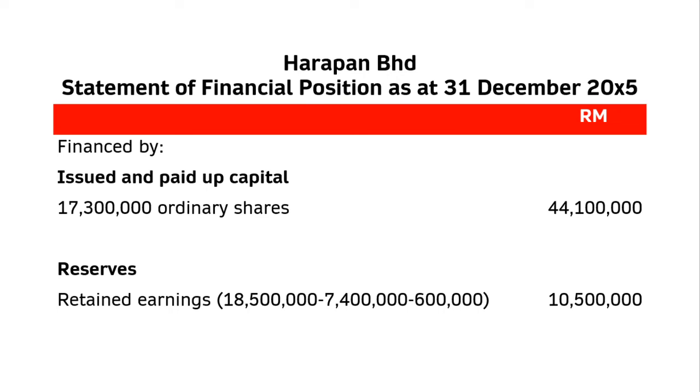So we have here issued and paid up capital now becomes 17,300,000 ordinary shares. The unit part is calculated by adding the original balance 15 million, and then the 2 million from the issuance of new shares, and then the 300,000 bonus issue.